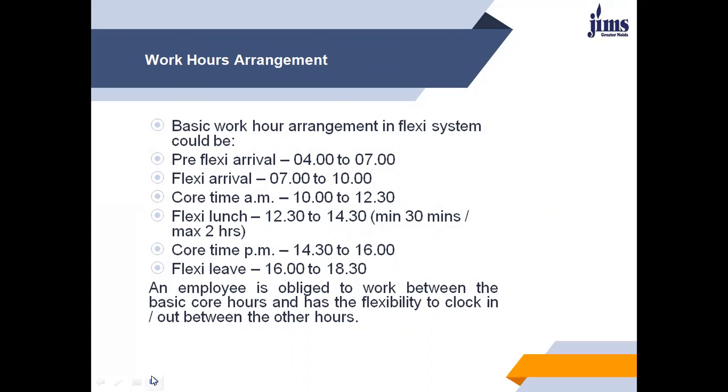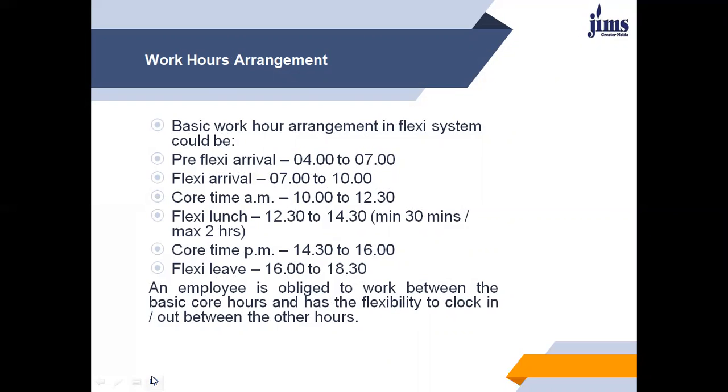An employee is obliged to work between the basic core hours and has the flexibility to clock in or out between the other hours. So an employee may come in any time from 10 to 4. From 10 to 4 it comes to 6 hours. So if an employee wants to work for 8 hours, that employee may report to the organization from 8 to 4, working in the morning itself.